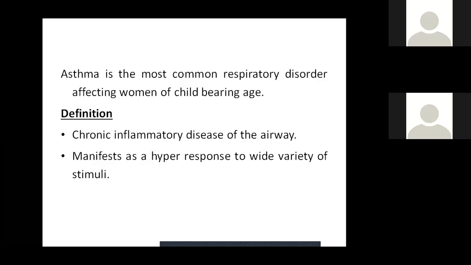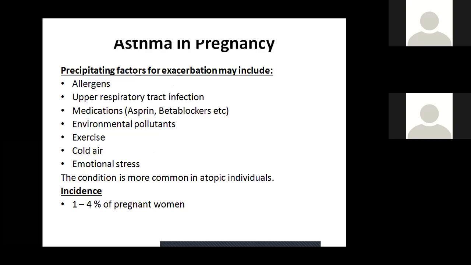Asthma flares whenever there is some precipitating factor like allergens, upper respiratory tract infection, medications like aspirin and beta blockers, environmental pollutants, exercise, cold air, or emotional stress. The condition is more common in atopic allergic individuals, and the incidence of asthma in pregnancy is 1 to 4%.